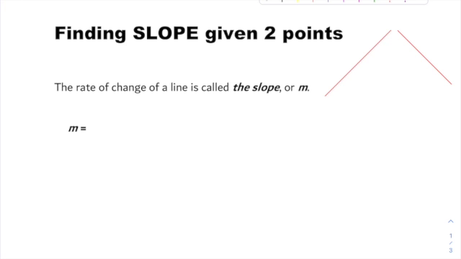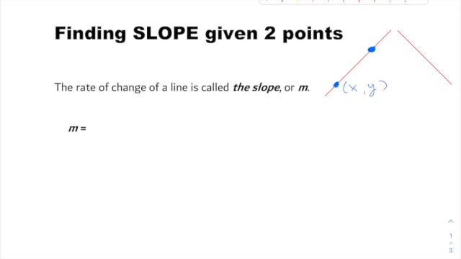So anyway, if you want to find the slope of a line, you need to know 2 points on that line. That's it. And for a point, the x-coordinate comes first, the y-coordinate comes second.